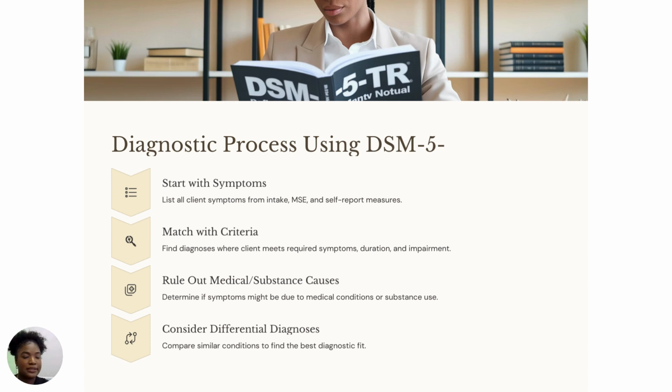Now, this part is about using the DSM-5. Diagnosing is not guessing. It's a match between what the client presents and what the DSM says. Always rule out, and I'm going to say this again, always rule out medical or substance abuse cases first.